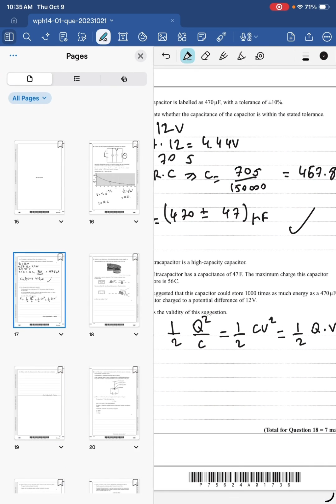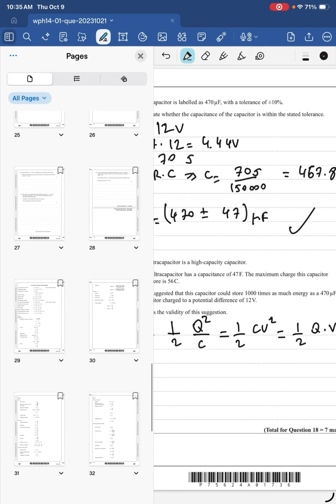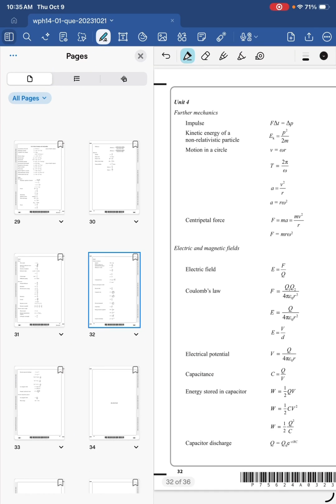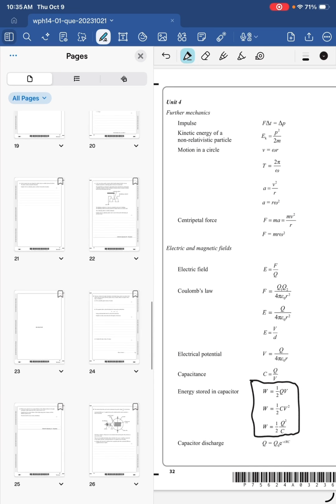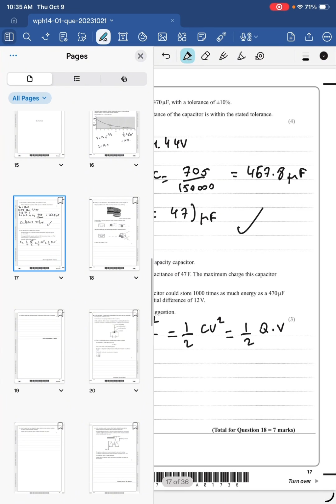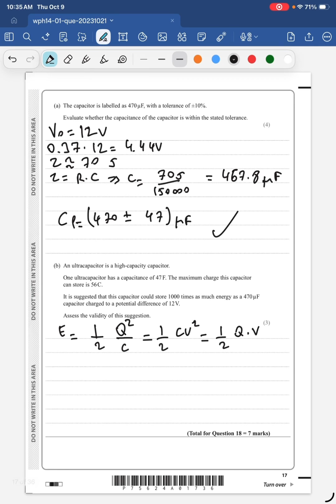Let's go see. We need unit 4. Here it is. And yes, this is the energy stored in a capacitor. So you're given all the formulas you need over there. Let's go back to our problem.